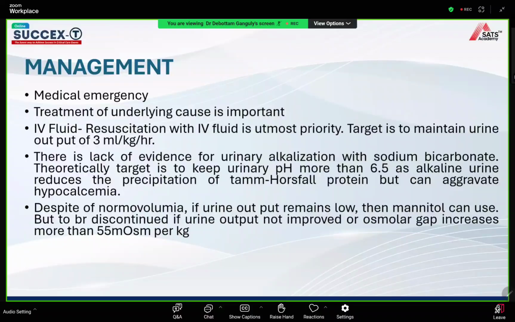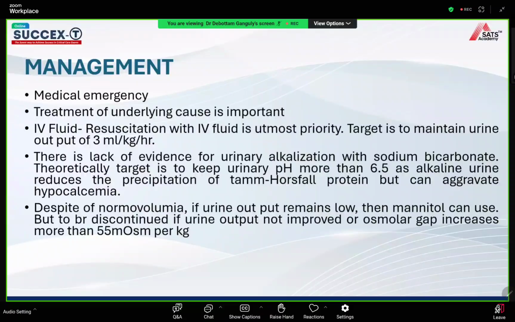There is a lack of evidence for urinary alkalization with sodium bicarbonate, but we usually give sodium bicarbonate. Theoretically it has some benefit, because if you keep urine pH more than 6.5, there is reduced precipitation of Tamm-Horsfall protein, but it can aggravate hypokalemia.